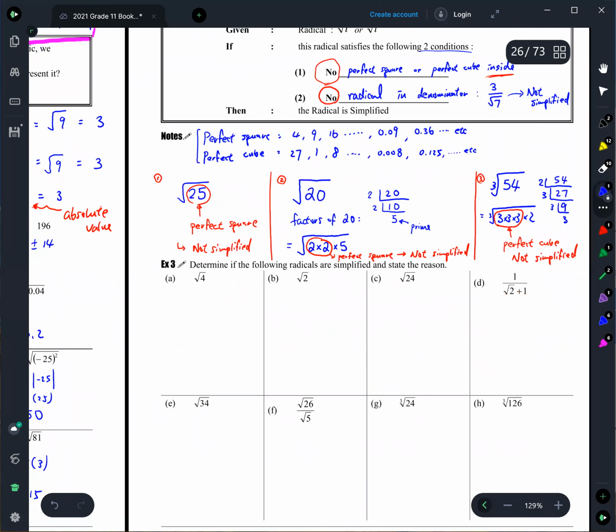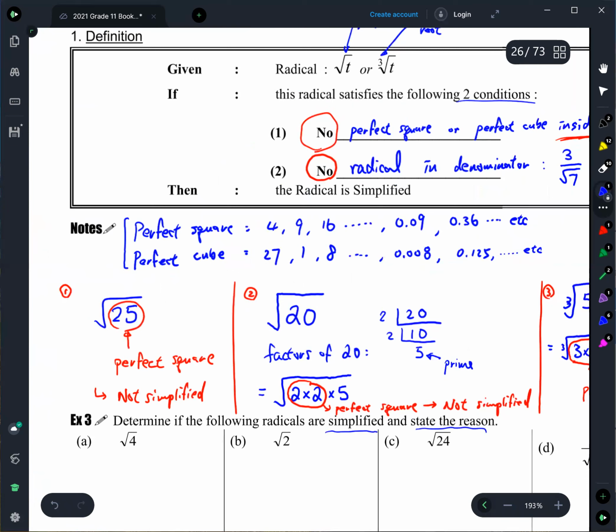At the bottom, we have 8 radical questions. Please check and determine if the following radicals are simplified or not. You answer yes or no. If it's no, then you say why. For example, if it's the second one, you say there's a factor of 4 inside 20.